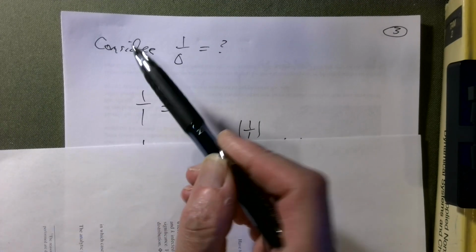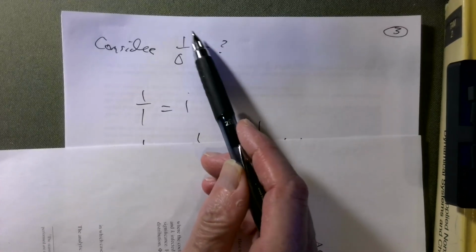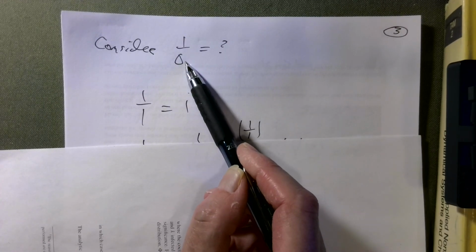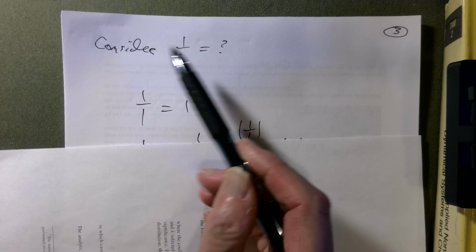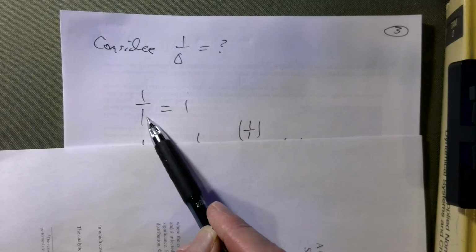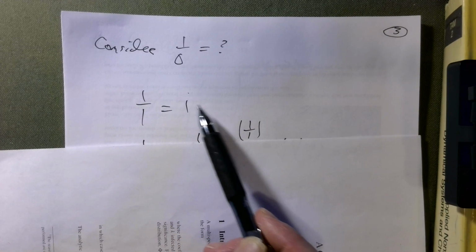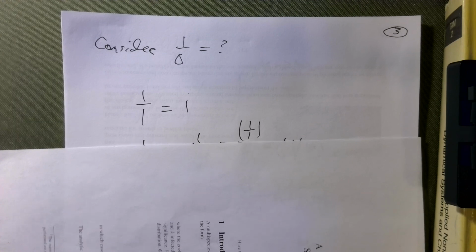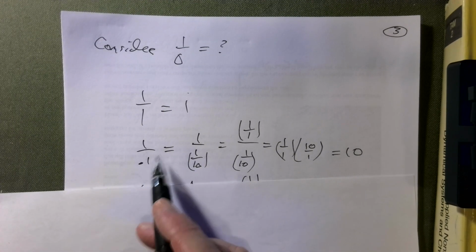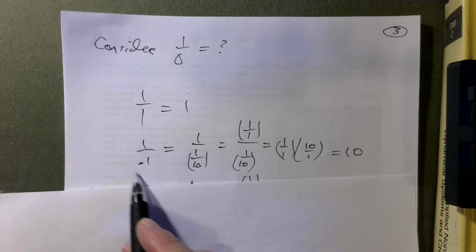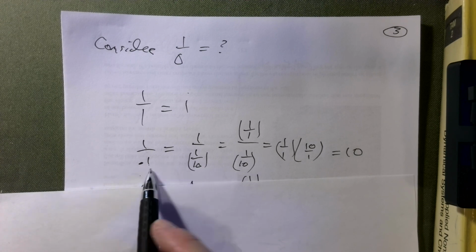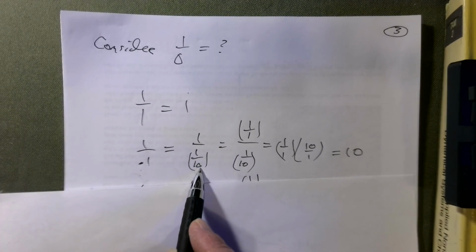I'm going to play a little game. I'm going to approach this by taking 1 over a small number and see what that does. The first number I take for the denominator is 1. Well, 1 over 1 is obviously 1. Let's take 1 over 0.1. I'm making the denominator small, because 0.1 is really 1 over 10.